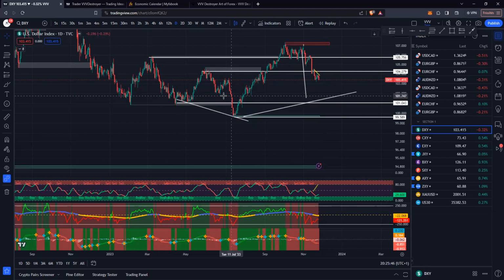Let's say here in the first case. I see connection points here. Let's say it's here. But we need an impulse for that, and we need a confirmation that we are not moving to the downside.